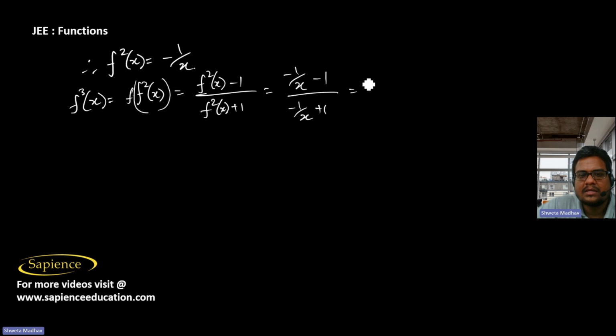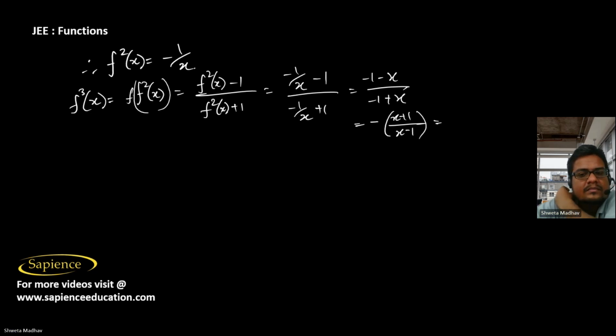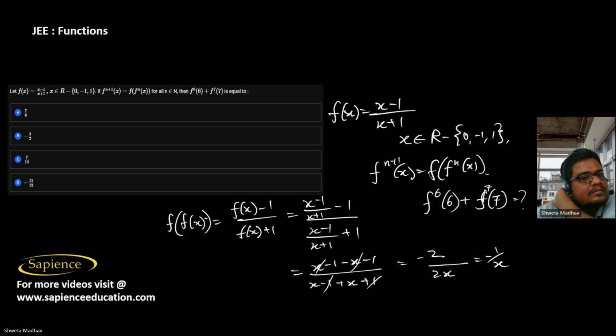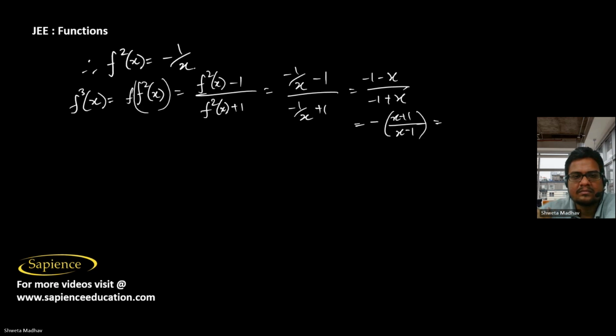So that will be minus 1 minus x divided by minus 1 plus x. So this will be minus of x plus 1 by x minus 1. And then f4 of x.